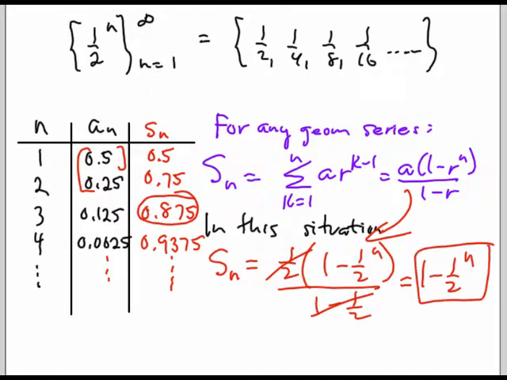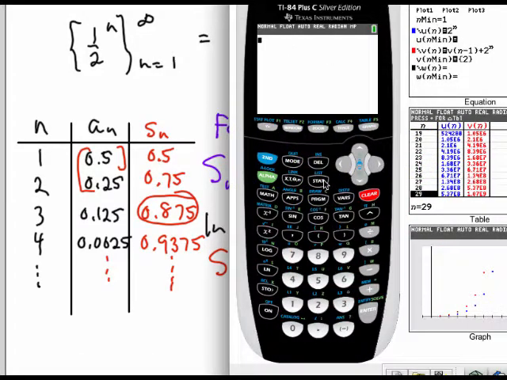I'm also going to represent, once again, my table on my calculator. But this time I'm going to set up my table differently instead of using the graphing features. So you'll remember that in the last video we talked about a command called the sequence command.